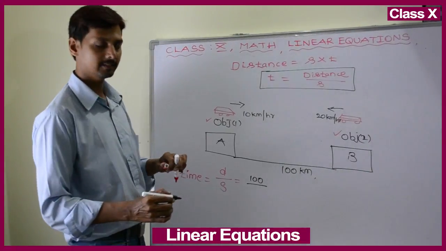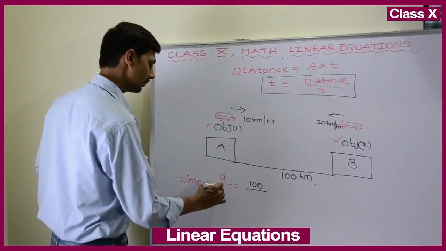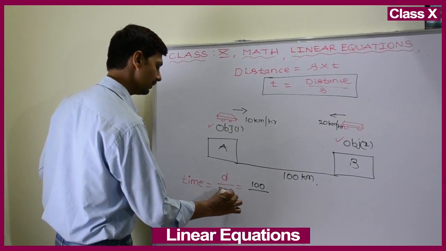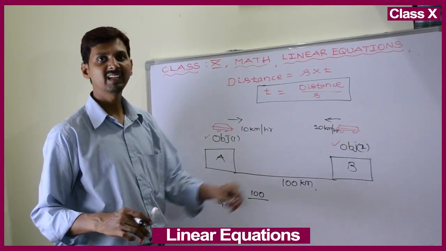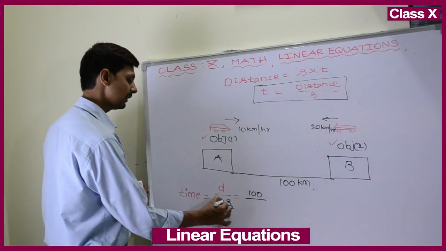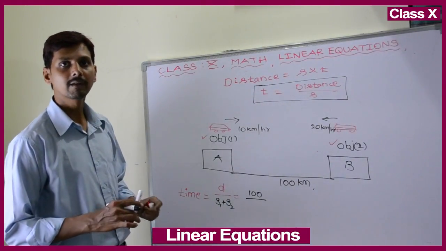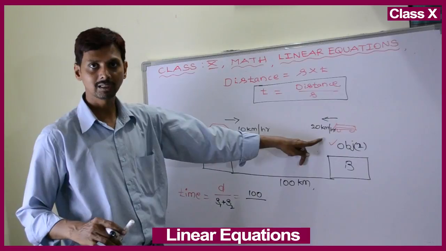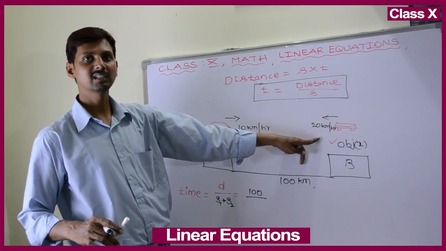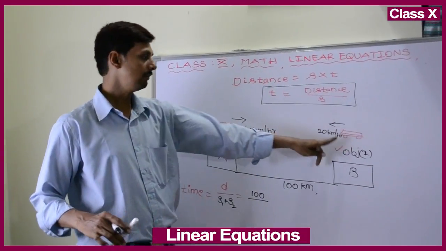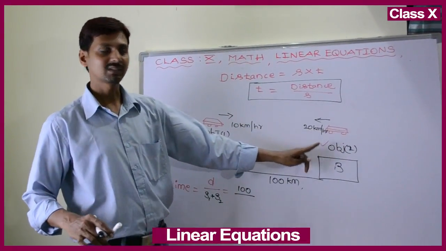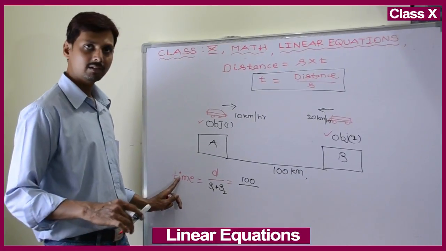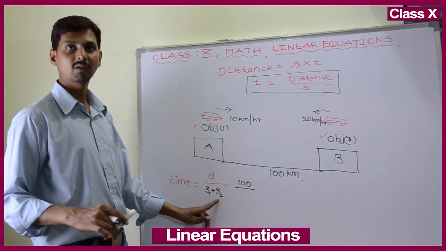So we need to find the sum of the speeds of these 2 cars when they are traveling in opposite directions, with different speeds or the same speeds, starting from different points at the same time. So time is equal to distance by the sum of the speeds.